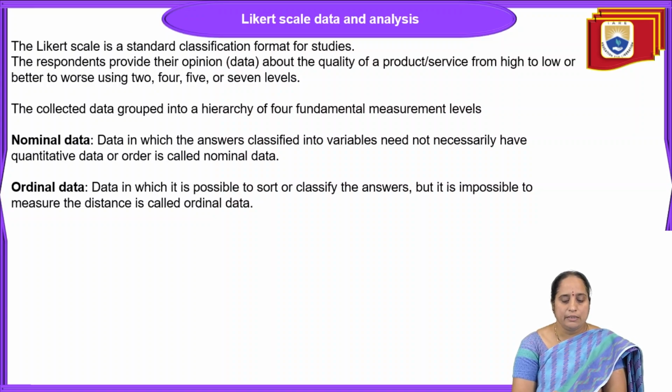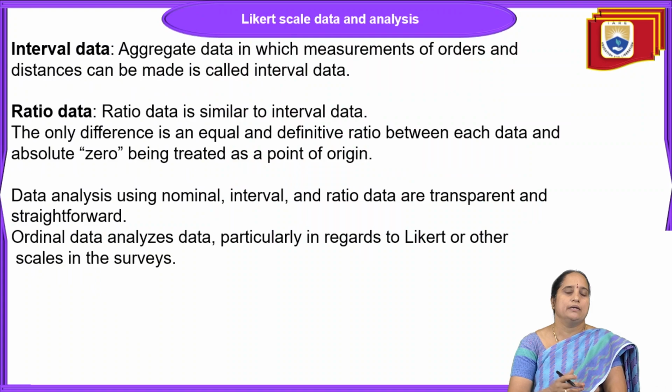Then coming to ordinal data, in which it is possible to sort or classify the answers, but it is impossible to measure the distance. So as per ordinal data, we are able to classify the answers, but we cannot measure the distance. That kind of data is known as ordinal data.